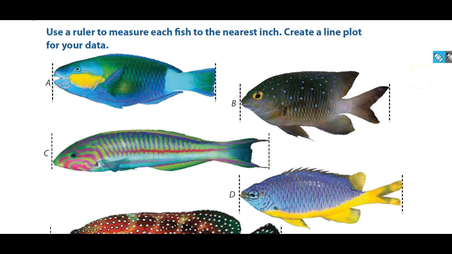It says use a ruler to measure each fish to the nearest what? Inch. That's the whole number on your ruler. Go. And then tell me how long is the first one? 3 inches. Okay. B? Start at a 0.